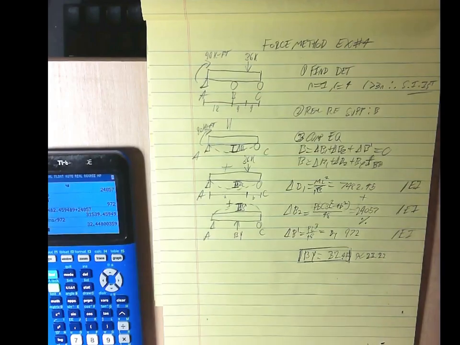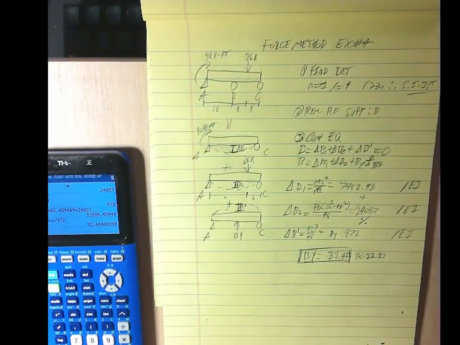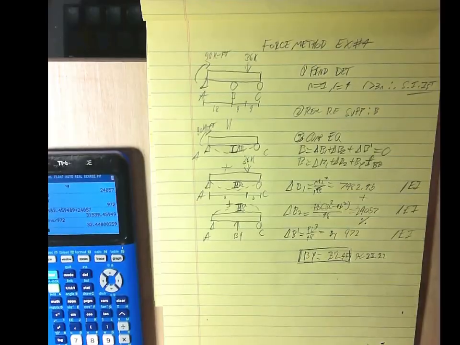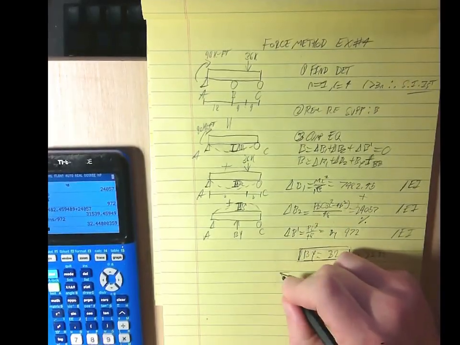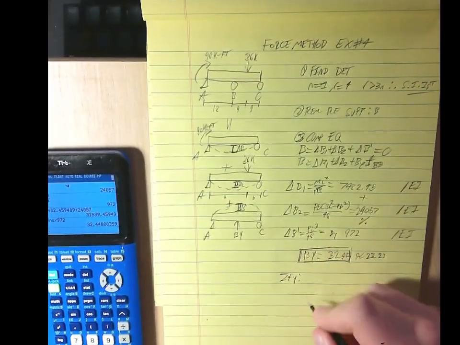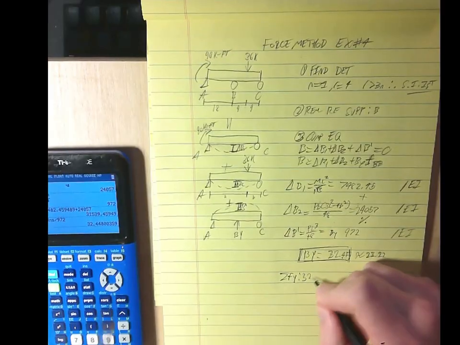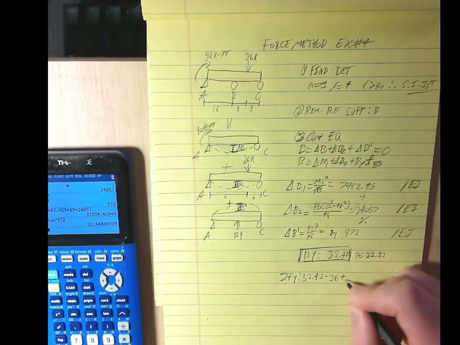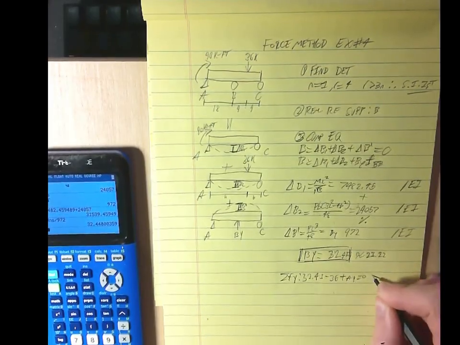And now, what does it ask us? It wants to know A_Y and B_Y. So if we do the sum of the forces in Y, well, it's going to be 32.45 minus 36 plus A_Y equals 0.